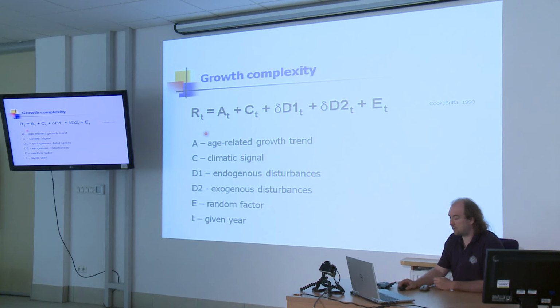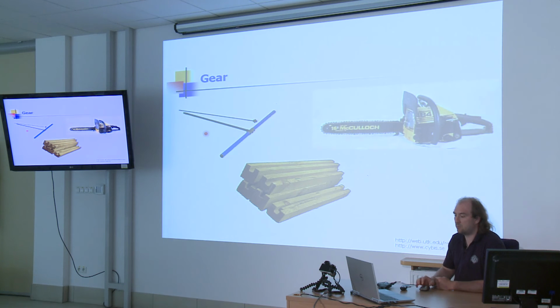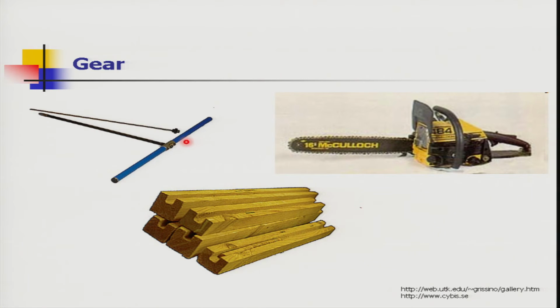How can we get this information about tree rings? We need some equipment. The basic tool we use is the increment borer, which is very simple but efficient. You drill with this tool into the tree or plant and extract a piece of wood from it.